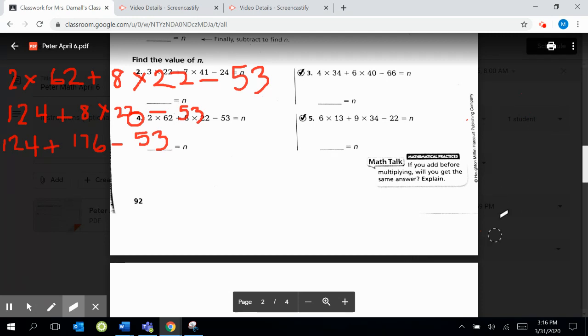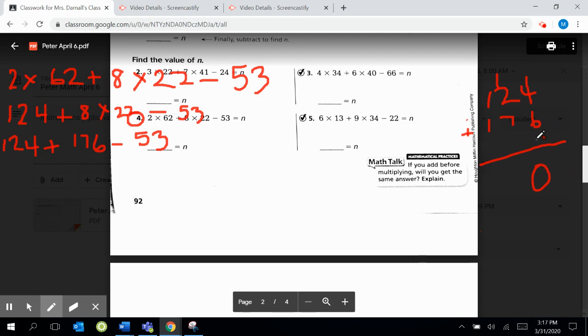I'm going to get us a little space over here. Okay, and it is 124 plus 176. Okay, let's add those. 4 and 6 is 10.